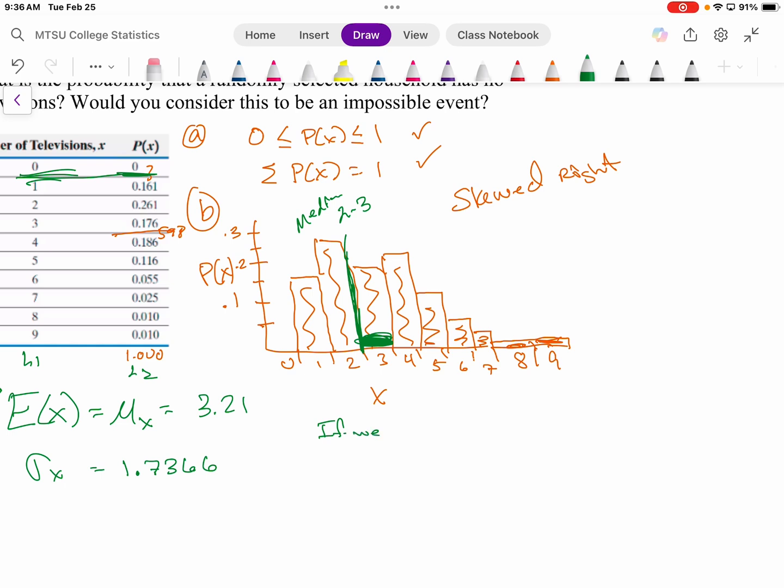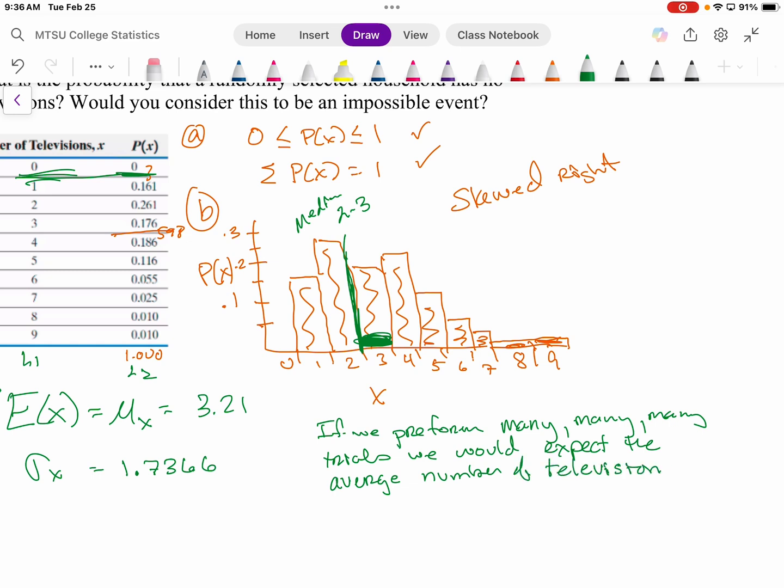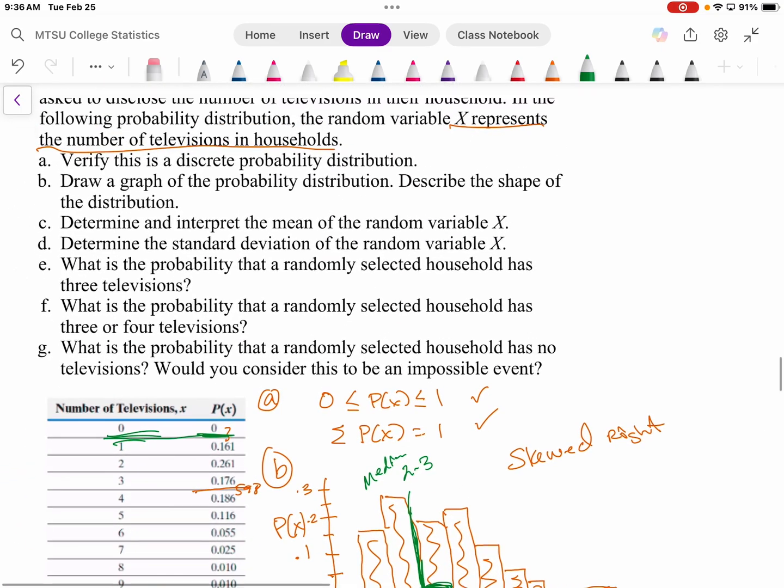If we perform many trials, we would expect the average number of televisions, it's per household, right?